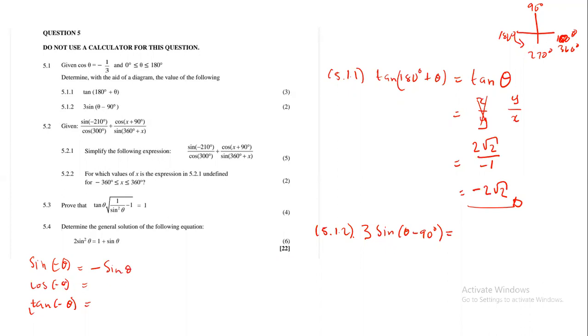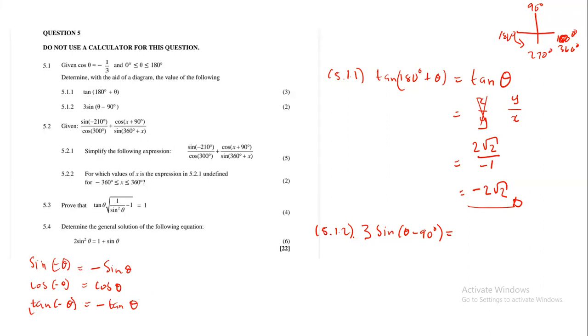Same applies here. When you have cos, be careful, cos will remain positive, even if you have a negative angle there. And when you have tan, we take this negative out of the bracket, we have negative tan of the positive theta now.